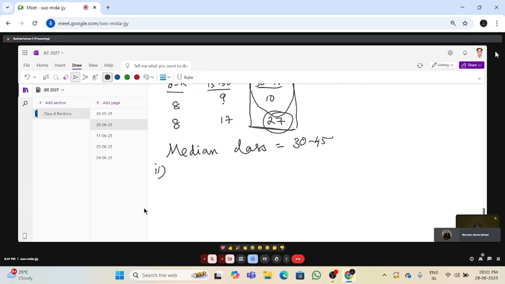Second part. Now there are 75 numbers from 1 to 75, right? In this 1 to 75, how many are odd and how many are even?